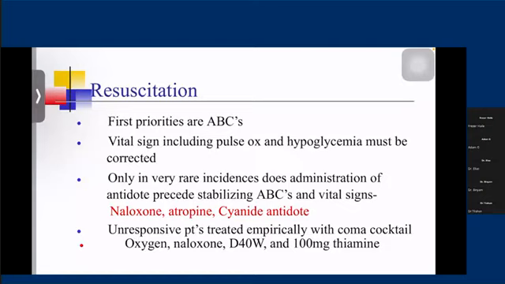And breathing: because of aspiration, the patient can develop aspiration pneumonia and also non-cardiogenic pulmonary edema. So putting the patient on oxygen is also mandatory, depending on the patient's condition.